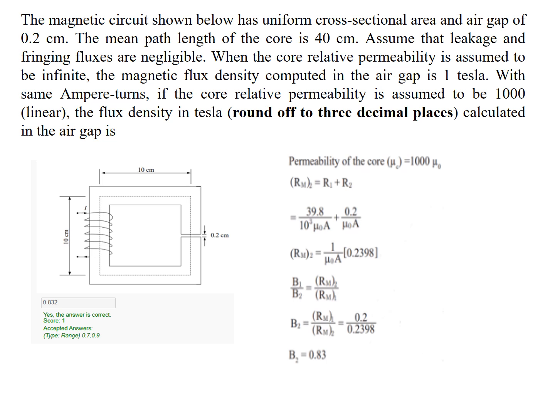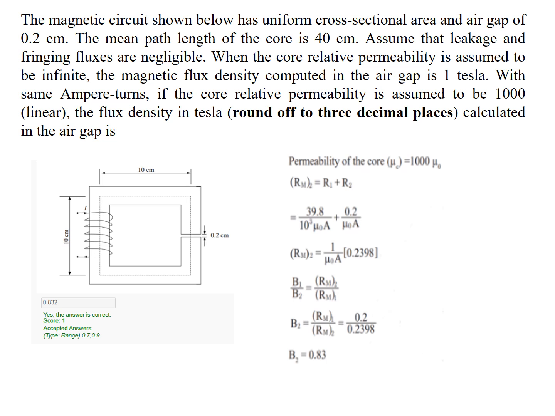Now if we have the 40 centimeter path, therefore here we have the square cross sectional area. So we have 10 centimeter on all the sides of the square, and there is a 0.2 centimeter cut in one of the sides of the square. So according to the geometry, we have to use the equation, and for case number 2, if the permeability of the core is 1000 linear, then we have to use the equation Rm2 is equal to R1 plus R2, that is the reluctance of the circuit.